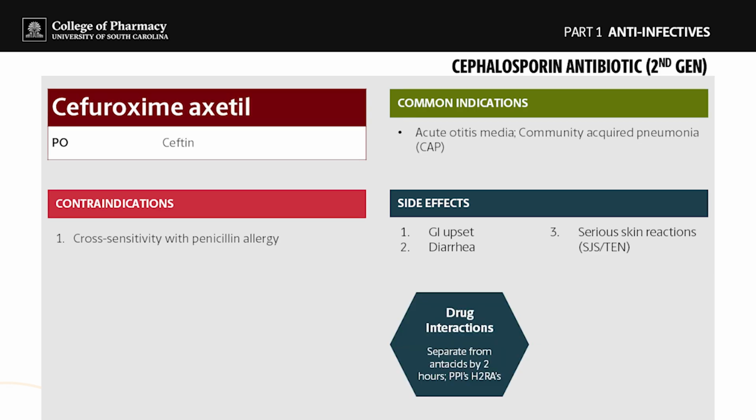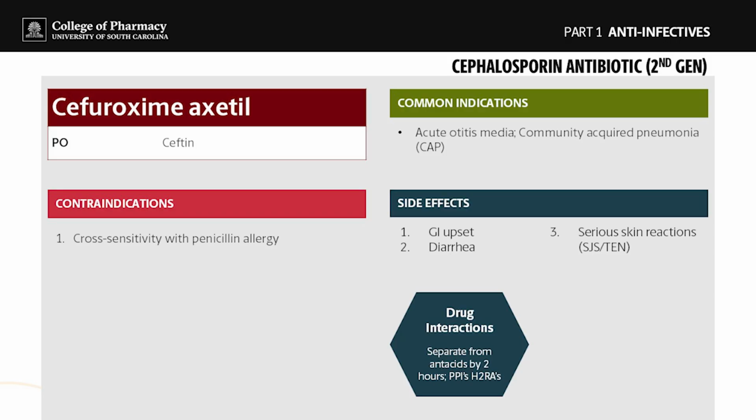The second generation cephalosporin that we're going to talk about is Cefuroxime axetil. Axetil is a salt. The oral version brand name is called Ceftin. And you can think about this: CEF is considered second generation, where CEPH, if you look back to the other one, is first generation. So we're going from the PH to the F. Does that make sense?